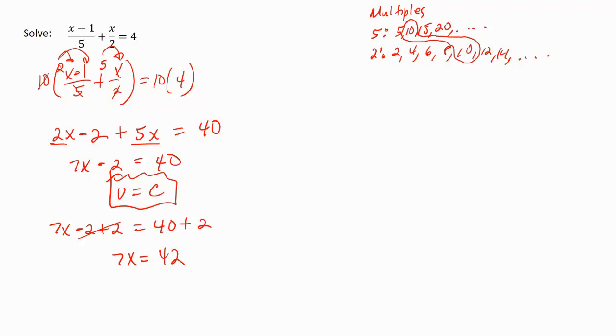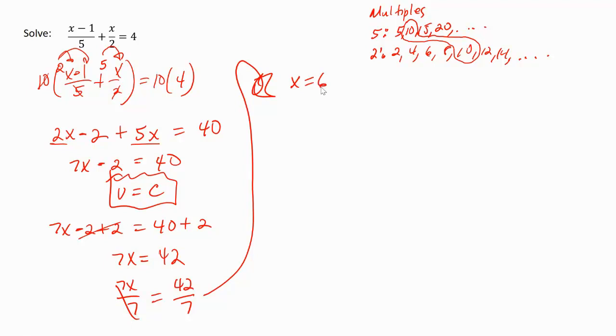We have what we set out to accomplish: the variables on the left, the constants on the right. However, we want to solve for x, not for 7x. The opposite of multiplying by 7 is to divide by 7, so we divide everything by 7. We have a solution of x equals 6.